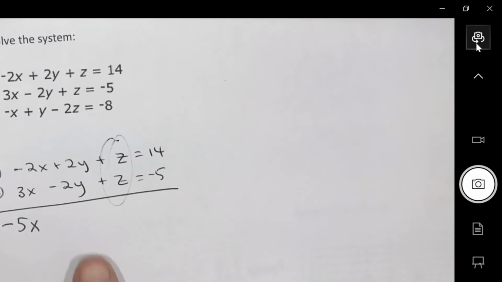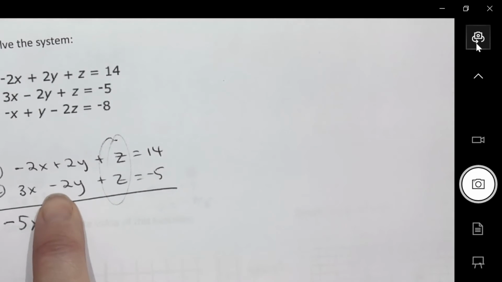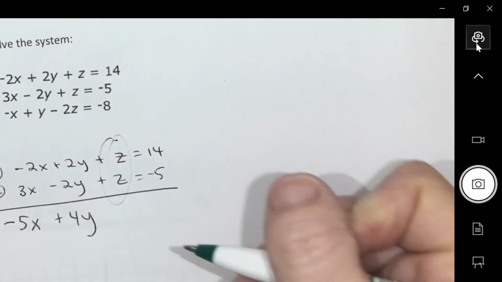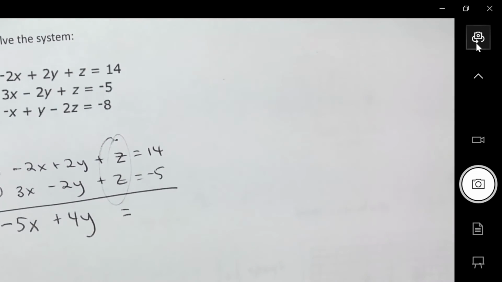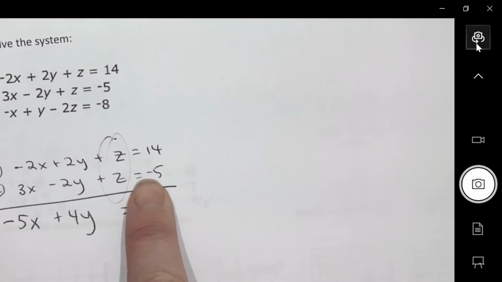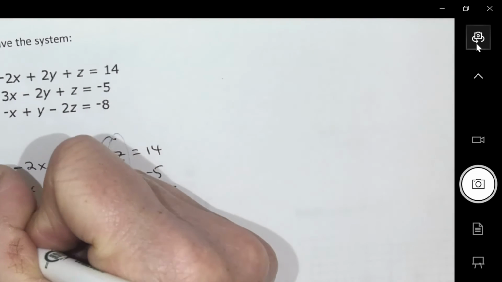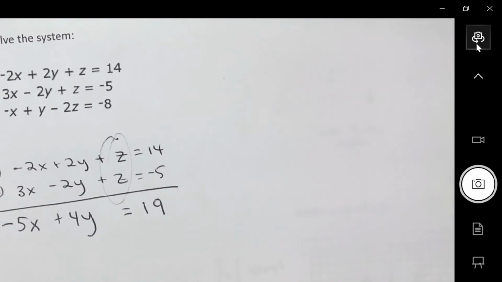Double negative means add it. And again, I'm going to subtract a negative. So double negative adds 5. So that's my fourth equation now.